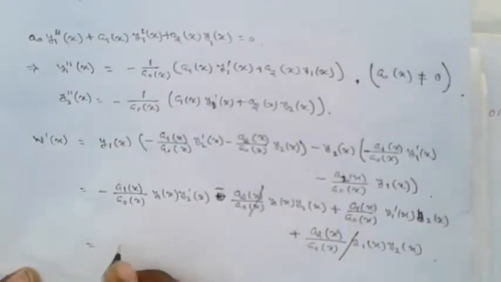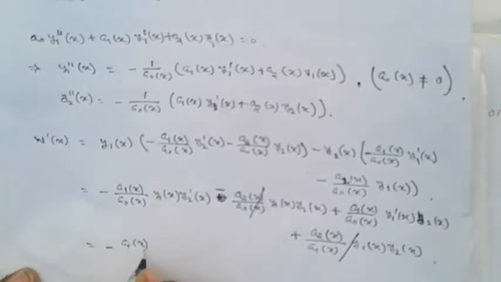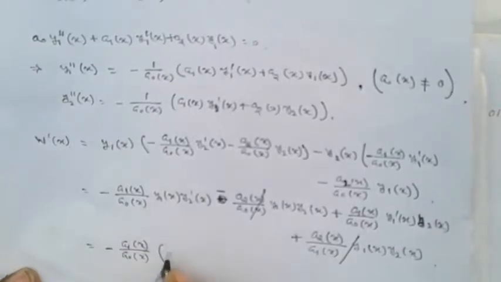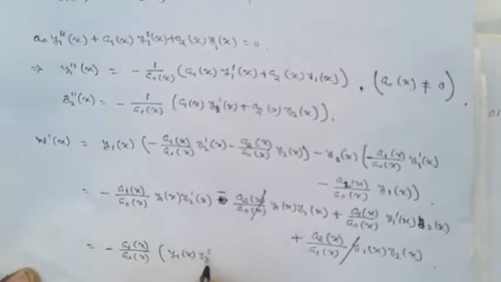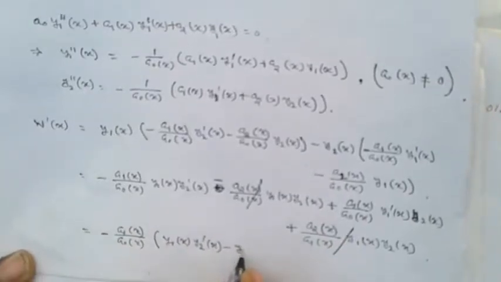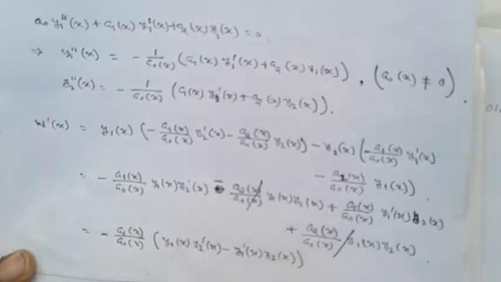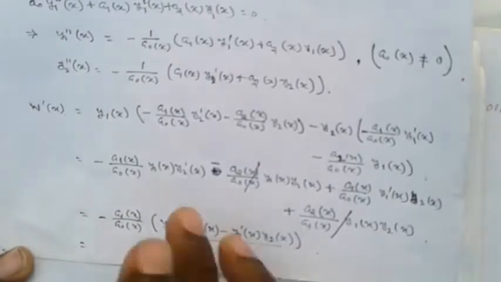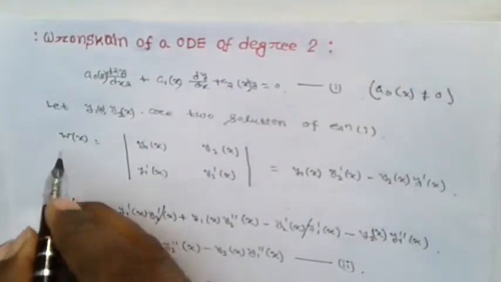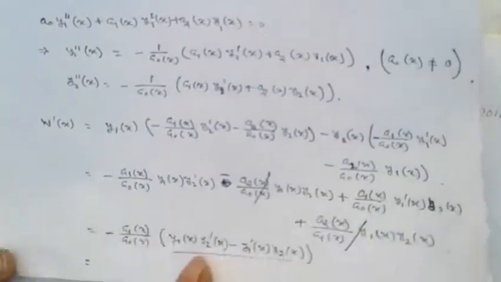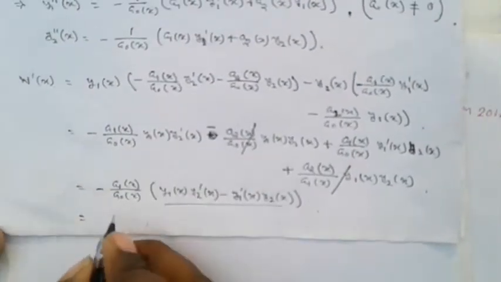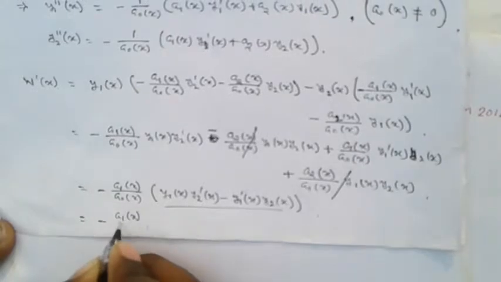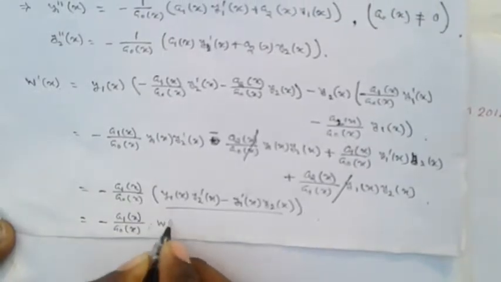So this becomes, if we take common minus a1(x) by a0(x), y1(x) y2'(x) minus y1'(x) y2(x), and look, this is the Wronskian. So we put here minus a1(x) by a0(x) into W(x).